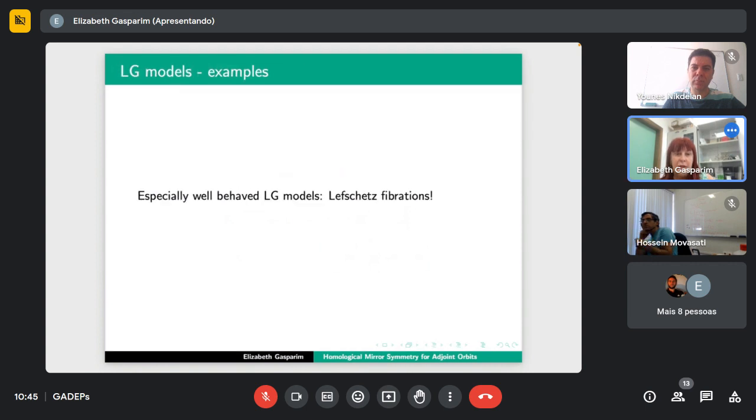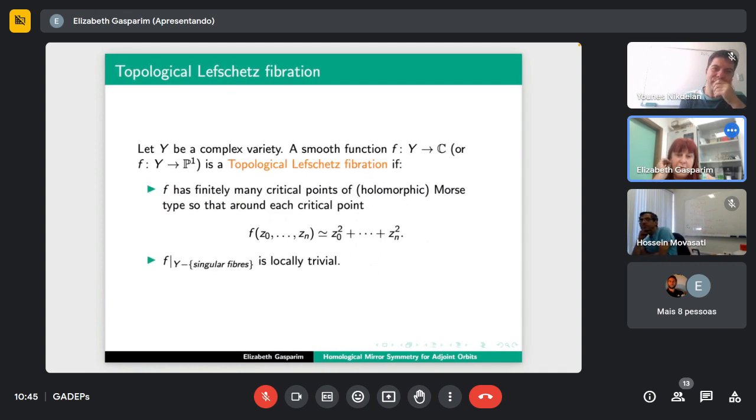Right, so the one case where the Fukaya category is actually well defined mathematically is in what's called Lefschetz fibrations. So Lefschetz fibrations are very well known in algebraic geometry, and the important condition is that every critical point should be of quadratic type.